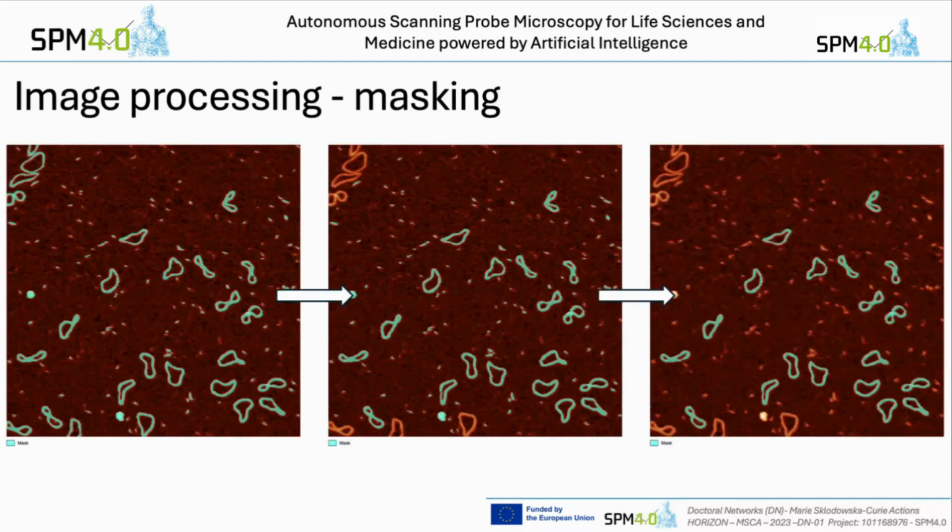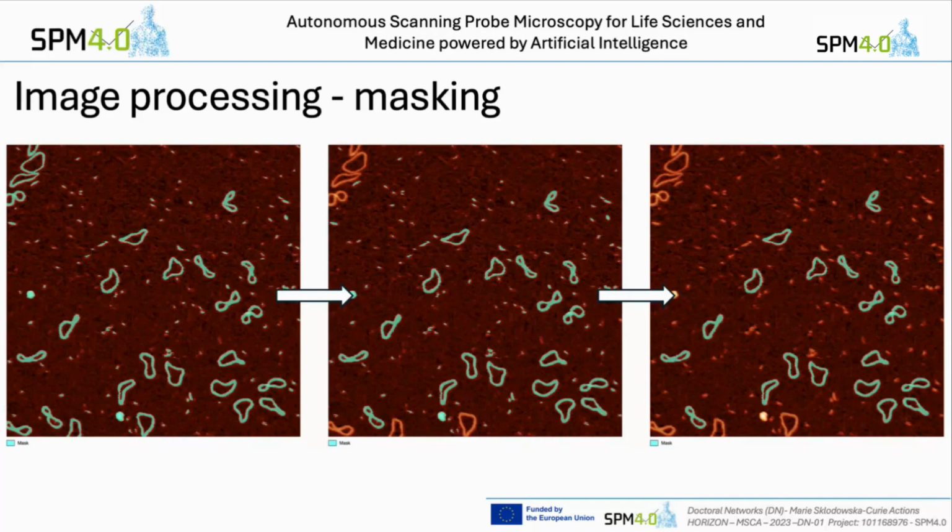We can then apply various steps. In this case, we're really only interested in these DNA molecules here. We're not interested in the tiny little bits of contamination in the background. So we can take our mask and apply certain constraints on it. We can look for anything that is above a certain size, below a certain size, and remove all of the features that we don't particularly care about.